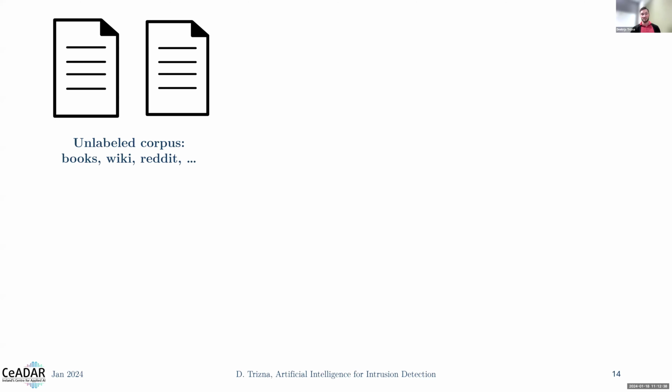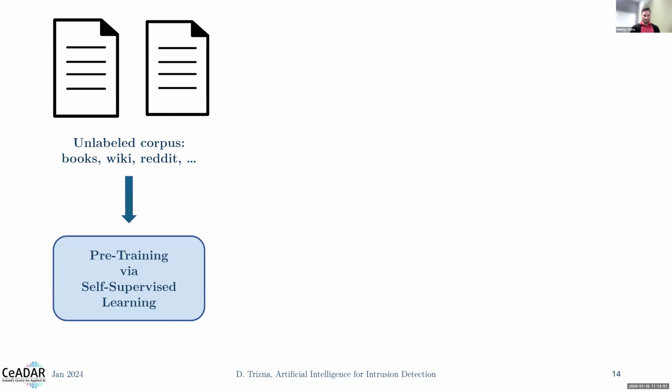So we have this huge unlabeled corpus. That's why they say GPT was trained on the whole internet. Basically, they grab a lot of resources that have just textual data, and they pre-train on it using self-supervised learning. This is where the majority of computation falls, like 99% of the computation is in this stage.